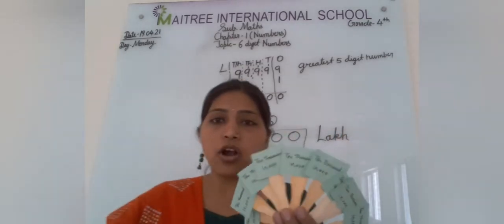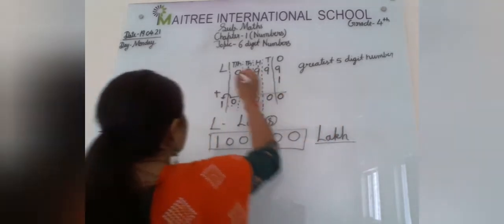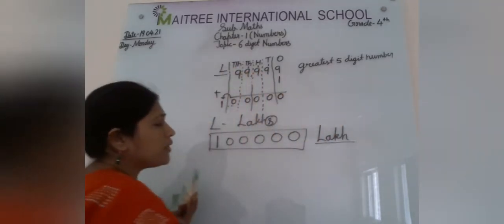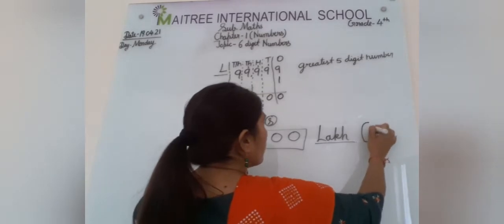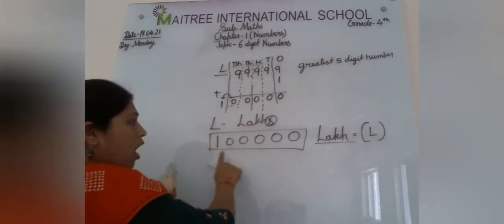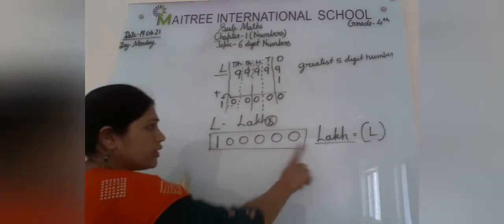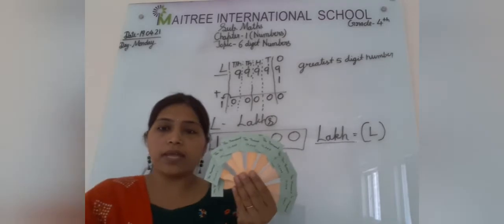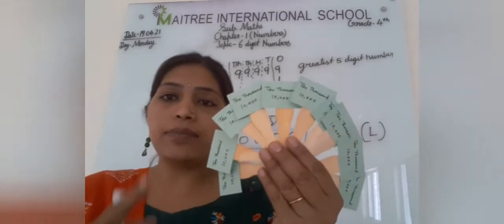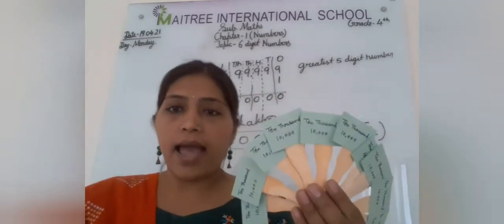And the short form of lakh is capital letter L. So how will we write lakh? 1 followed by 5 zeros is 1 lakh, and we make 1 lakh by 10 times 10,000.